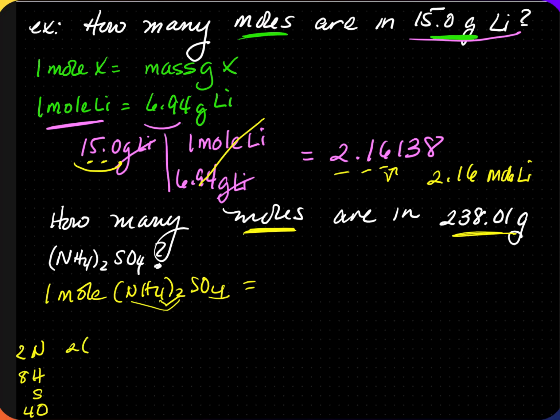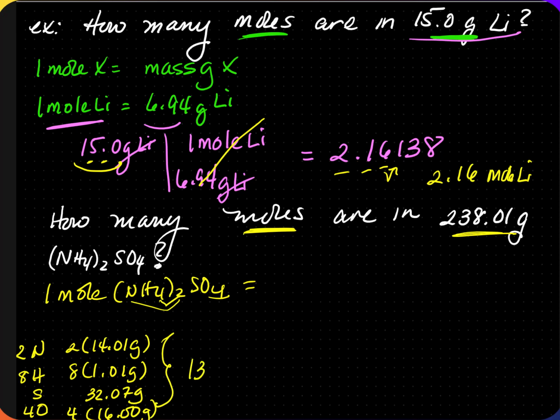So this is going to be 2 times 14.01 grams, 8 times 1.01 grams. Sulfur is 32.07 grams, and oxygen is 4 times 16.00. If I complete my math, I'm going to get approximately 132.17 grams. So 1 mole of ammonium sulfate equals 132.17 grams of ammonium sulfate off the periodic table.